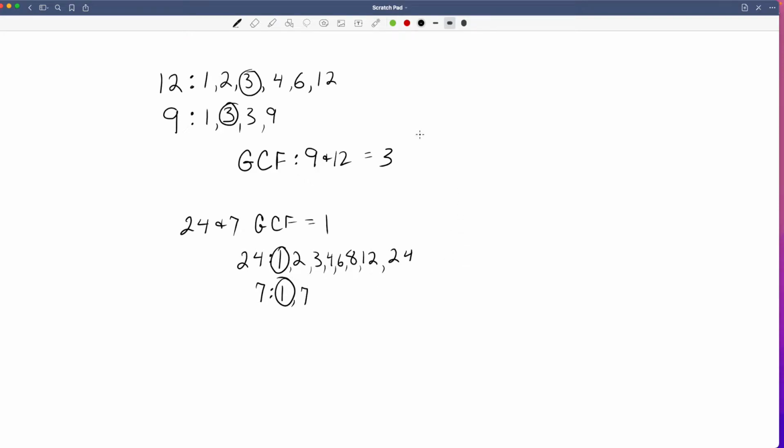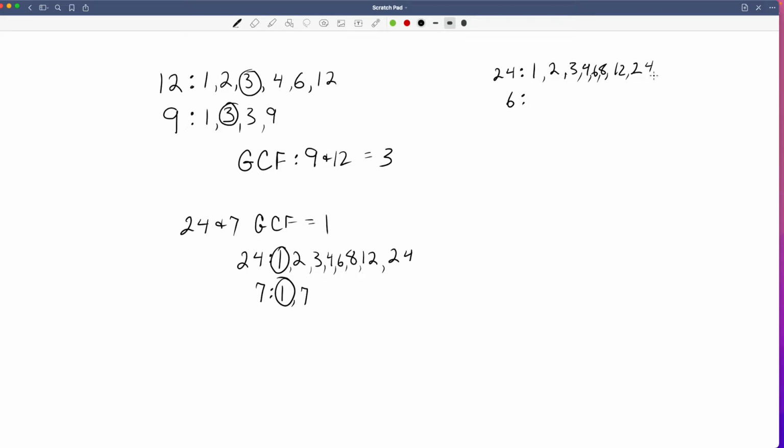So let's look at another pair of numbers. Let's look at 24 and 6 and see what those greatest common factors are. For 24, we've already got those factors here, so I'm just going to copy them: 1 times 24, 2 times 12, 3 times 8, and 4 times 6.